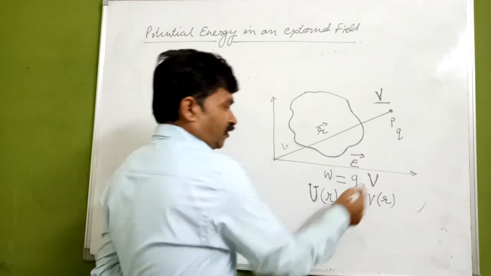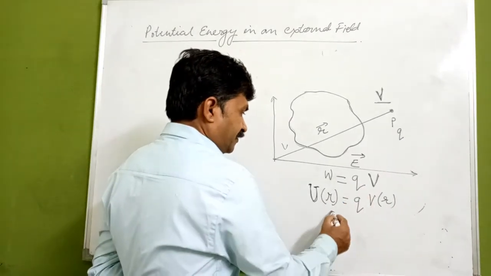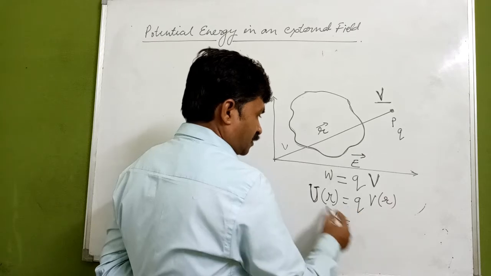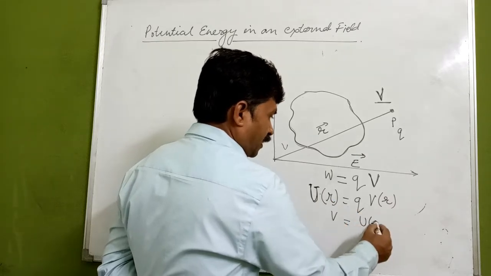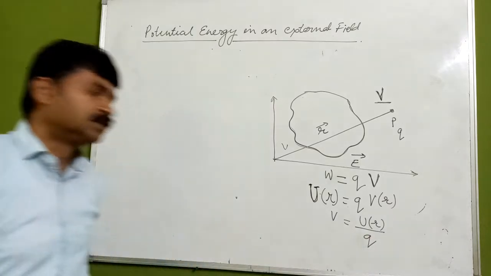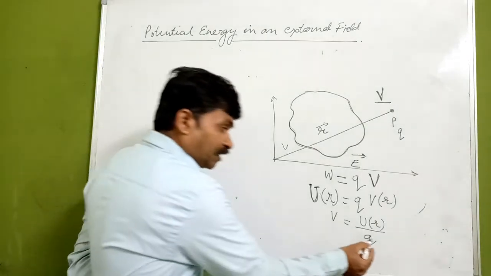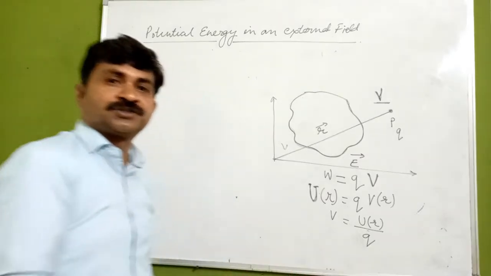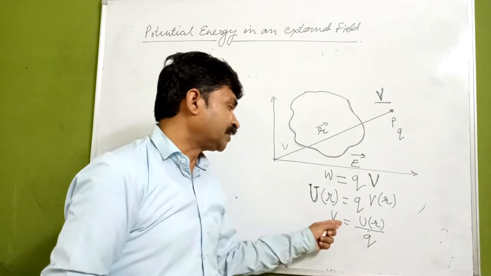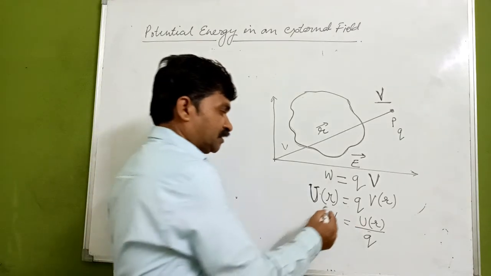Simply, you can see here what we are getting: V is W upon Q, or in terms of this, U of r upon Q. If we talk about a unit positive charge, it is going to be equal to the potential energy.